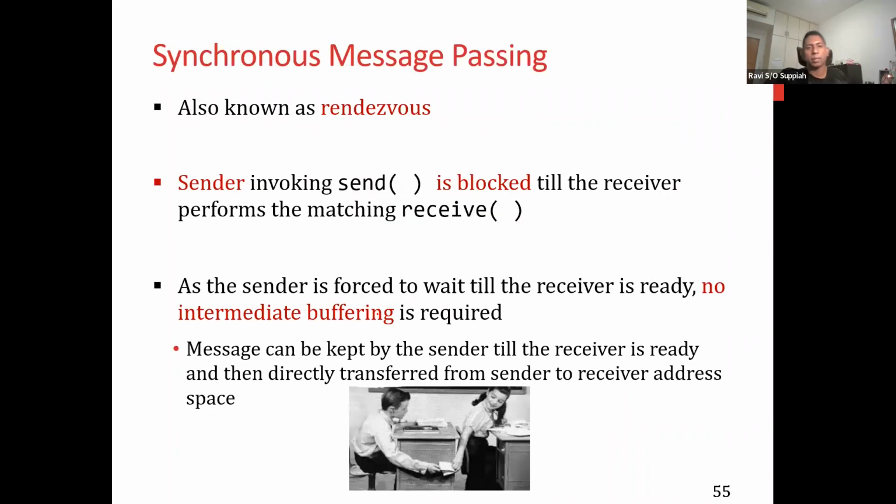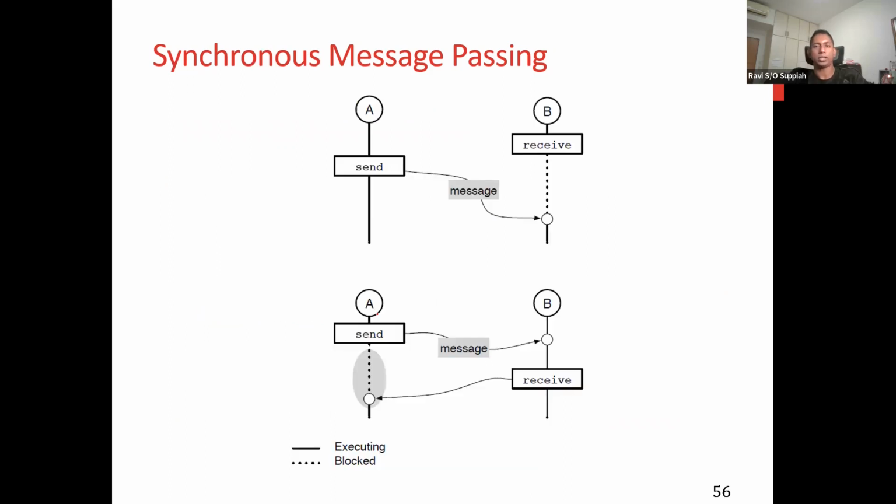The last part here is synchronous message passing. So what is synchronous message passing? In synchronous message passing, the sender is also blocked until the receiver receives. So it has to match. When the sender happens to send first, but the receiver has not received, then the sender has to be blocked until the receiver has received.